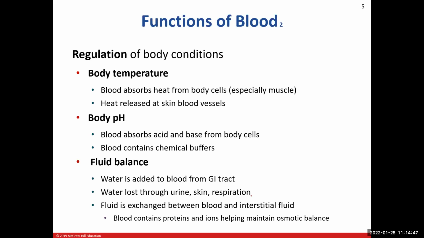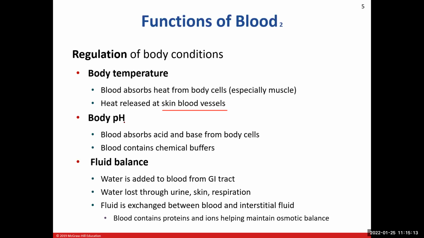So the blood will help to take that heat away from those body cells and distribute it to other areas depending on what's happening, if you're too hot or if you're too cold. But like I said, a great way to get rid of that heat is through the blood vessels that reside in your skin. I mean, for God's sake, the skin is the largest organ in the body, so let's utilize it.